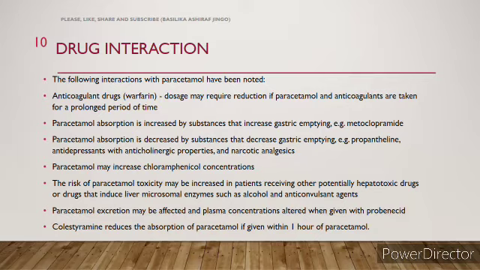Then paracetamol may increase chloramphenicol concentrations. So meaning we give with caution. I'm giving this dose of chloramphenicol, but the concentrations will increase. Then the risk of paracetamol toxicity may be increased in patients receiving other potentially hepatotoxic drugs or drugs that increase liver microsomal enzymes, such as alcohol.